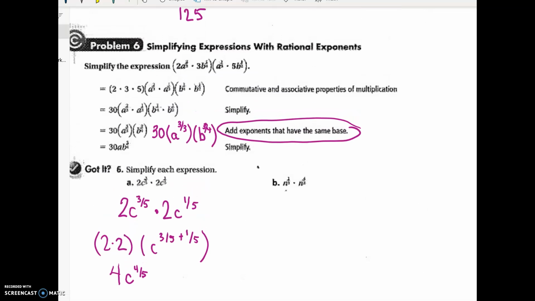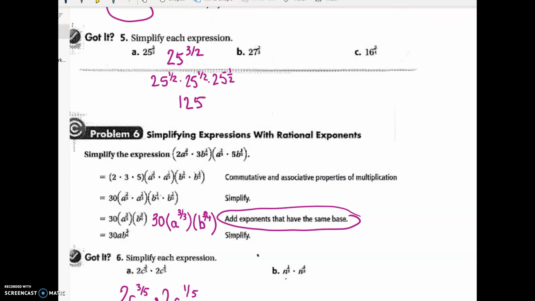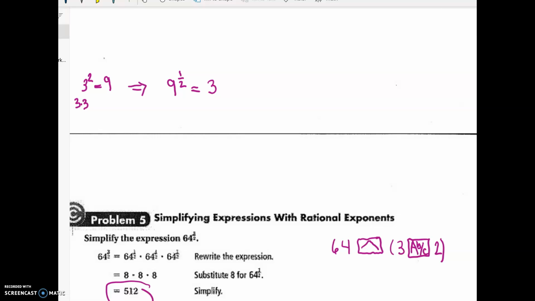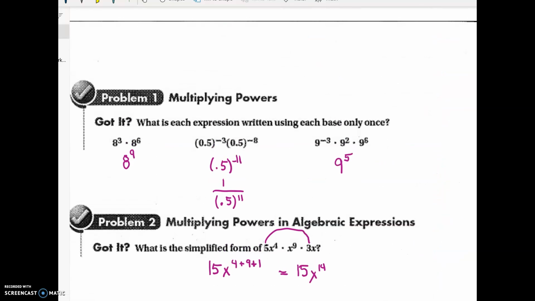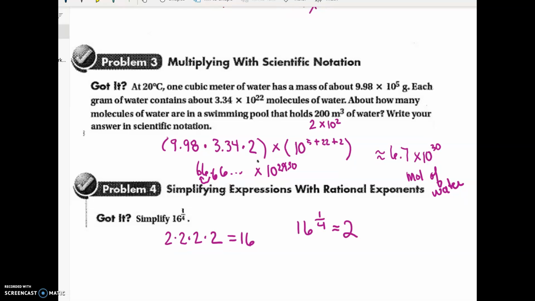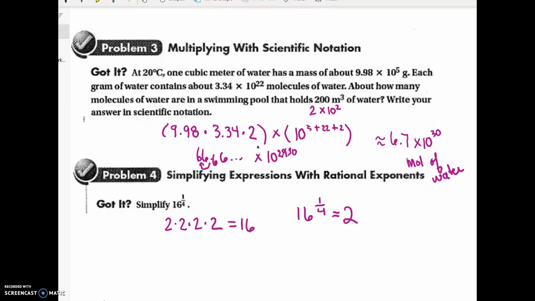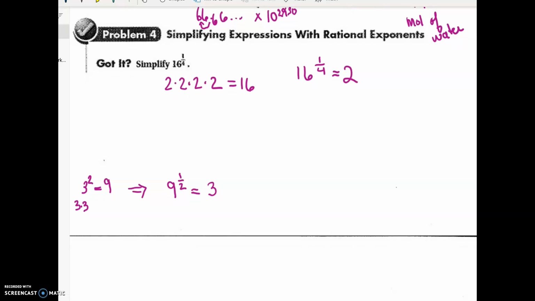So you're going to get a little practice with combining those. Remember, we talked about when you're multiplying with the same base, you simply need to add the exponents together. And you might have to use that scientific notation. But again, they have the same base of 10. So you're, again, just adding those exponents together.